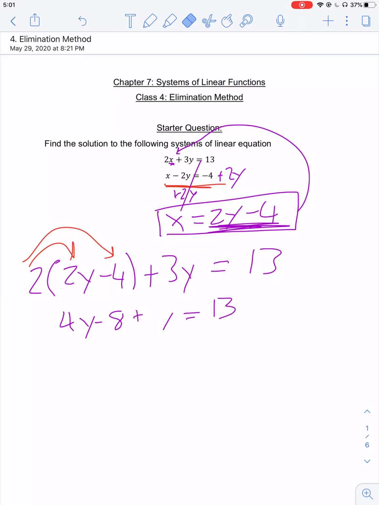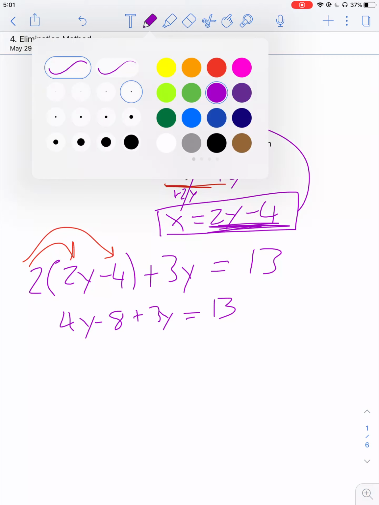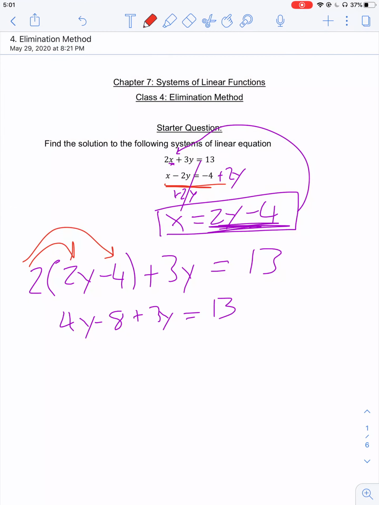And again, this is a 3. Sorry about my handwriting. Now get rid of the number. You want to have all your numbers on the right, variables on the left. So plus 8, this disappears. And then combine your like terms together, so the 4y will combine with the 3y.